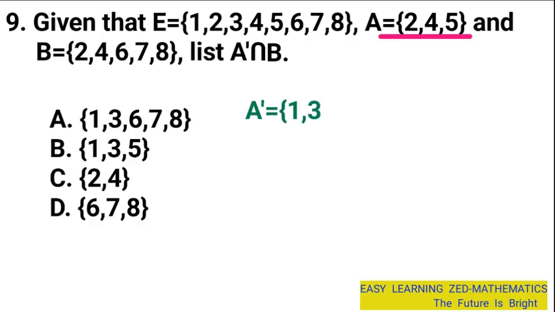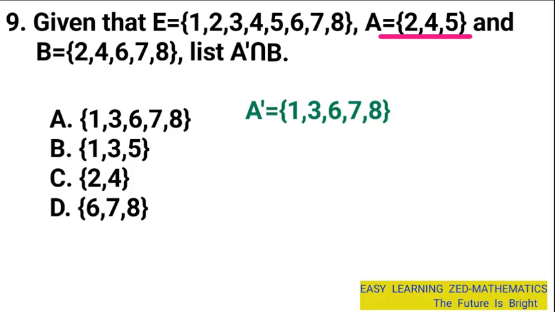Yes. Is 5 found in set A? Yes. Is 6 found in set A? No. So 6 is in set A complement. 7? No. 8 is not also found in set A. Okay. Then we can close bracket. So these are the members of set A complement.